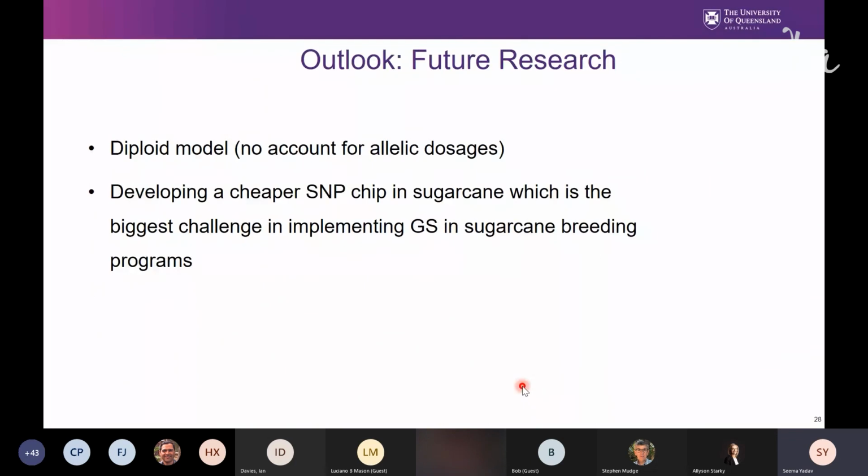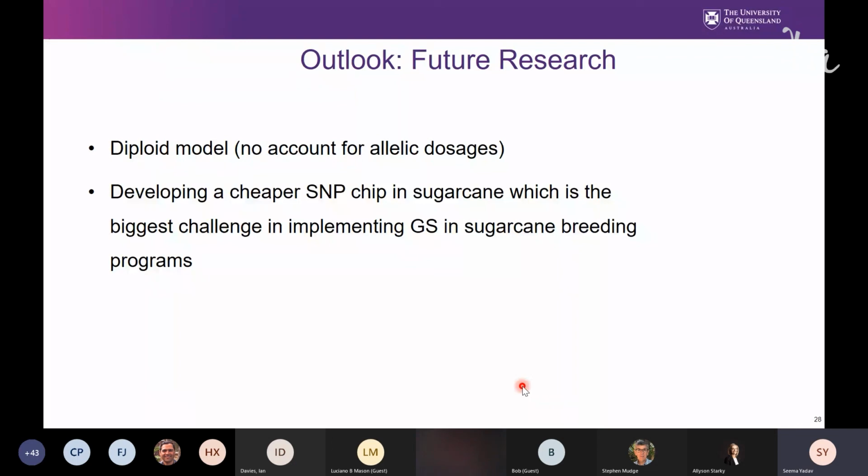There is some future research, because in this study we used a deployed model, and because sugarcane is highly polyploid, we didn't account for any allelic doses in this study. So this is our future: we are going to use allelic doses to create our genomic relationship matrix.